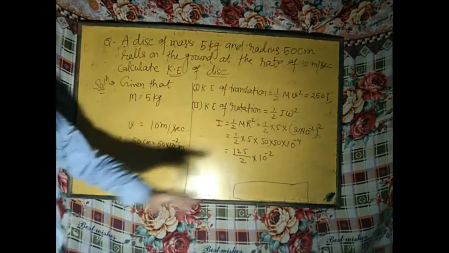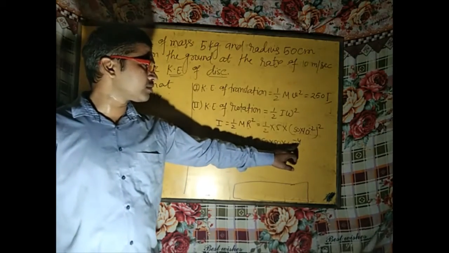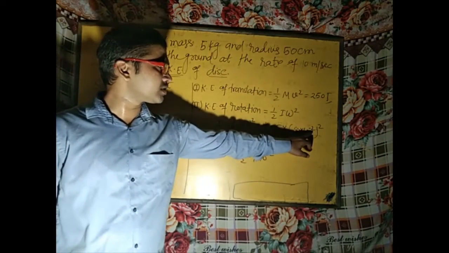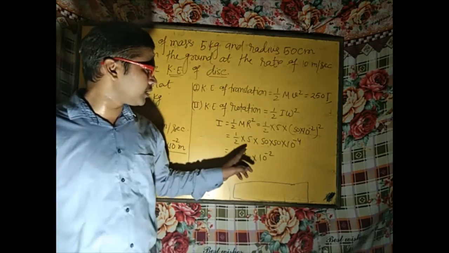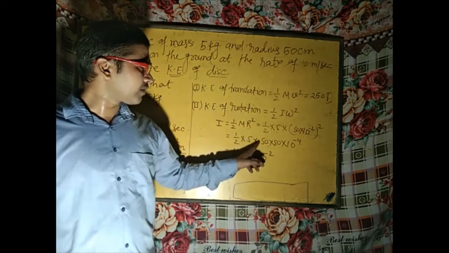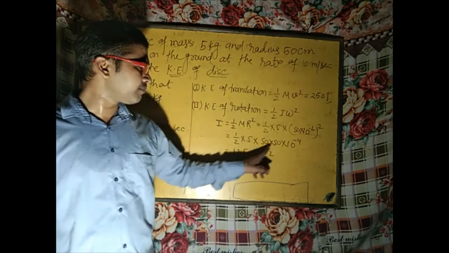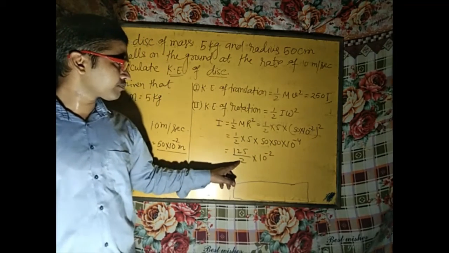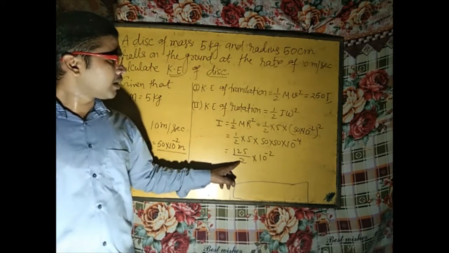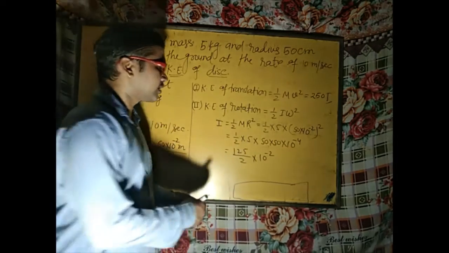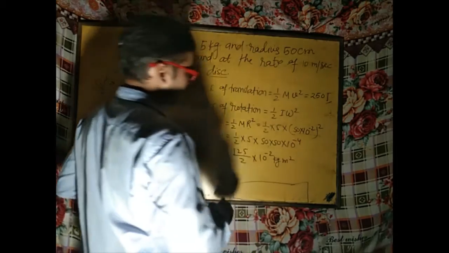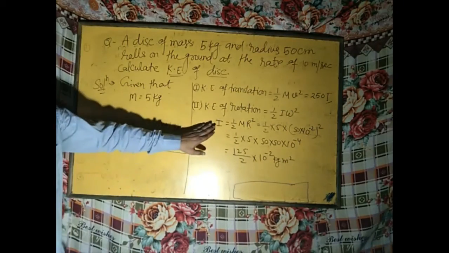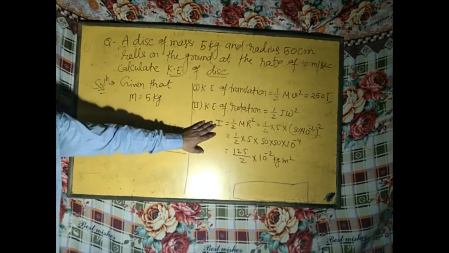Okay, you can see here the power is 10 to the power minus 4 because this one is the square, and 2 cancels 2 power from here, so it will be 5 into 5 into 5 is 125 by 2 into 10 to the power minus 2 kg meter square. So this is the value of this moment of inertia.